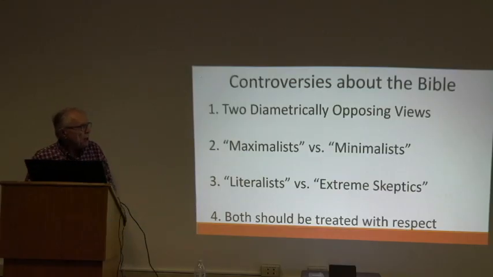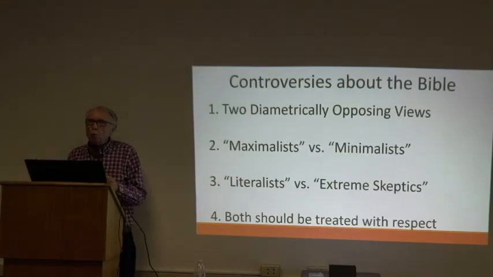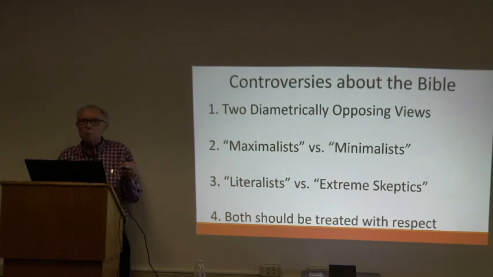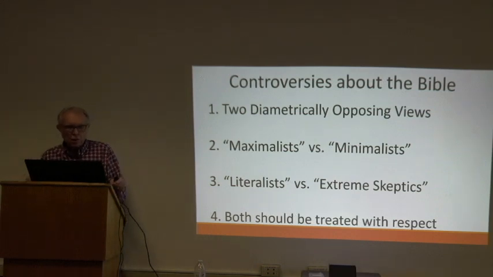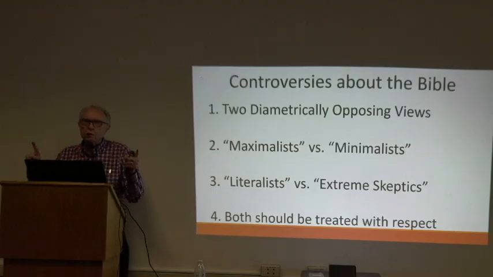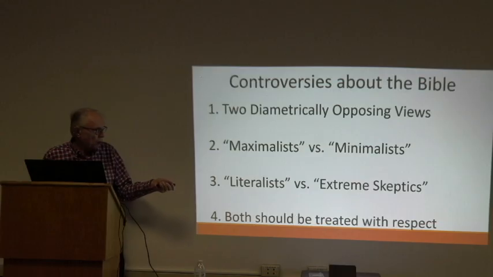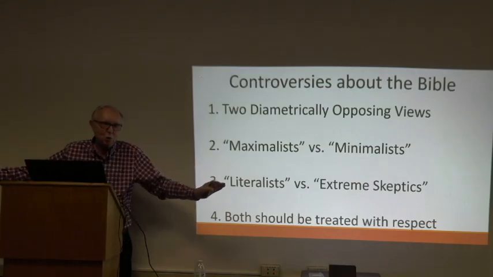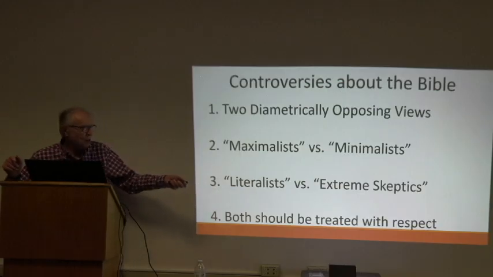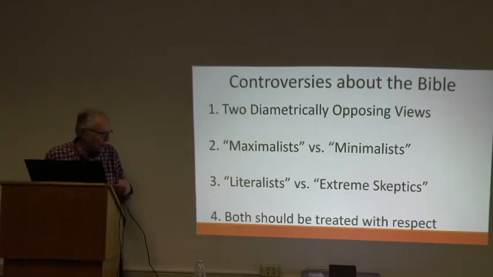There are two diametrically opposing views which are known in archaeology as the maximalists and the minimalists. The maximalists believe every single word in the Bible is true. They are the literalists. The minimalists believe nothing in the Bible is true. They are the extreme skeptics.